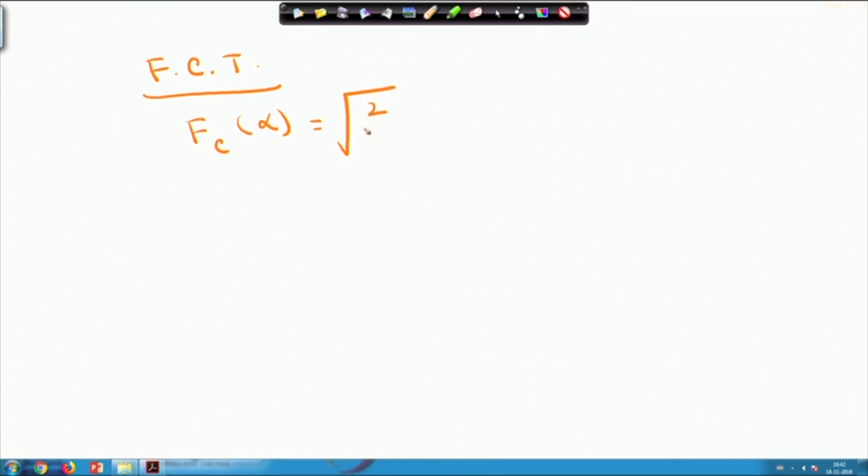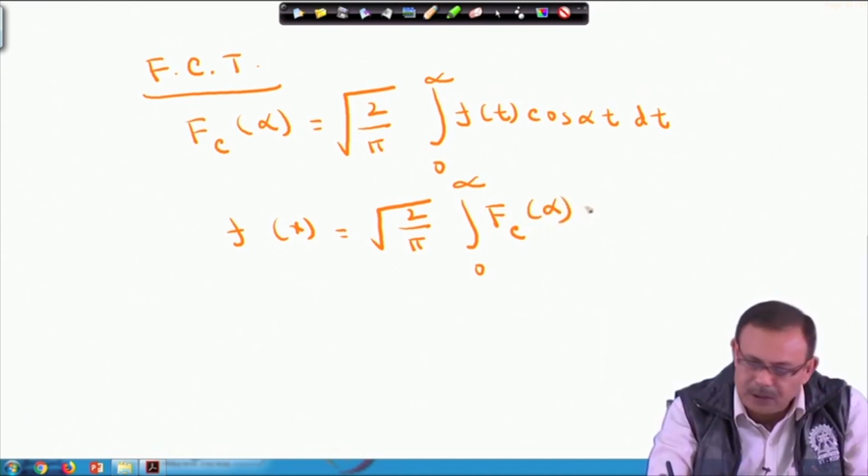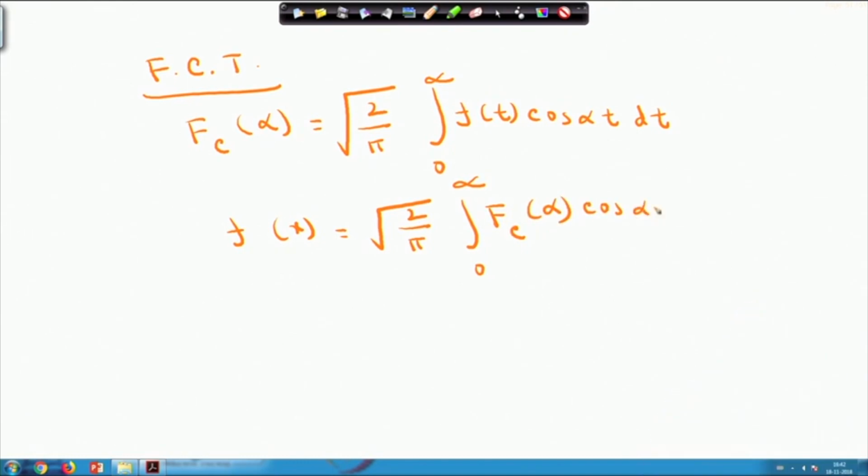This equals root over 2 by pi, integral from 0 to infinity of f(t) into cos of alpha t dt, so that it will be a function of alpha, and f(x) equals root over 2 by pi, integral from 0 to infinity of capital F_c of alpha into cos of alpha x d alpha.